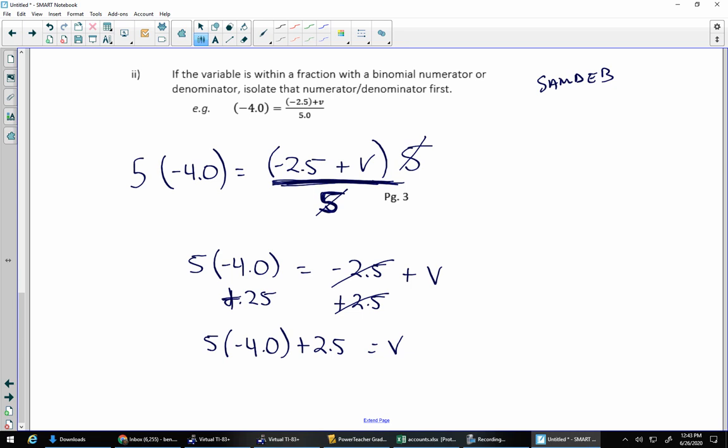Negative 20 plus 2.5 should be negative 17.5. I'm a little slow with my mental math today. Negative 17.5. Oh, sig digs. We didn't really do sig digs either, though. So I think, cross that off, negative 18 is our best answer there.